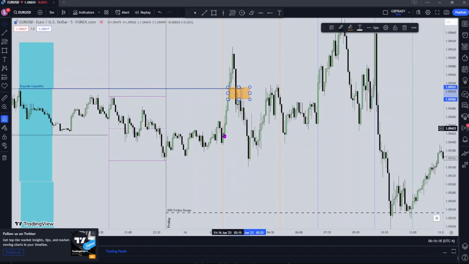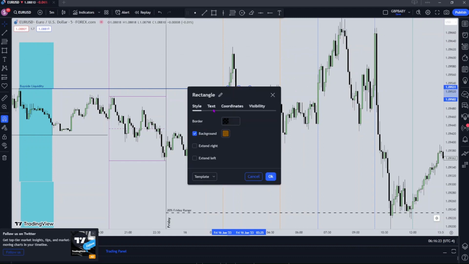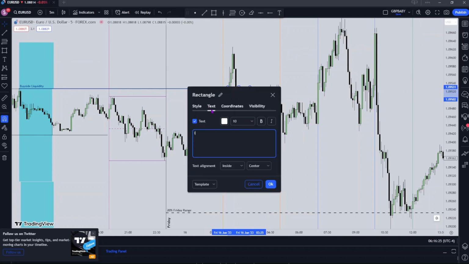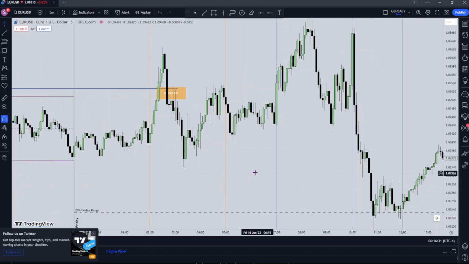Because there's actually no entry on this move up, so we'll just have to be waiting at that point. And this would be an entry in this fair value gap here.